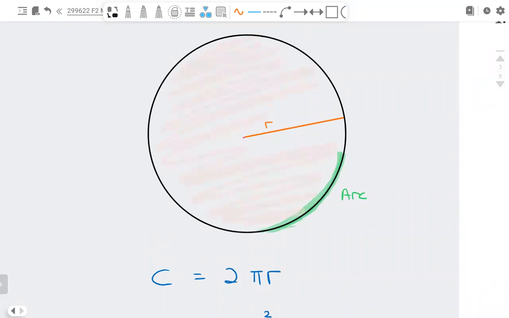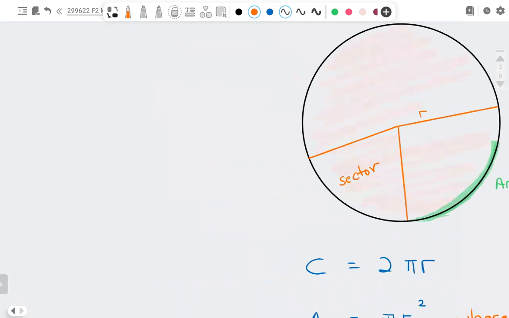If I draw it like this, a slice of pizza, this one will be known as a sector. Sector is part of the area. So two more important definitions: arc is part of the circumference.